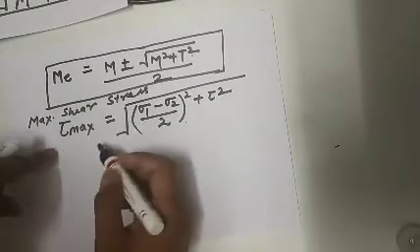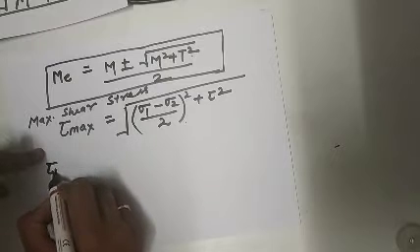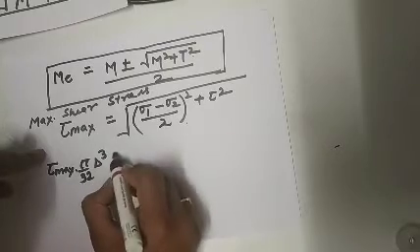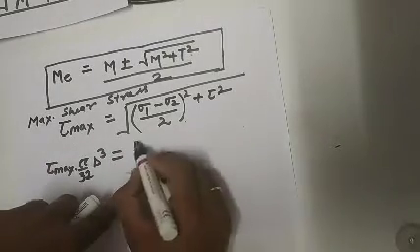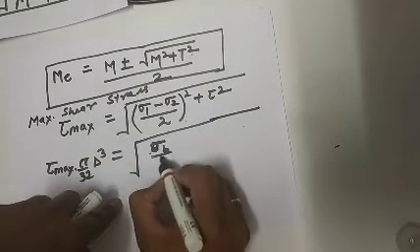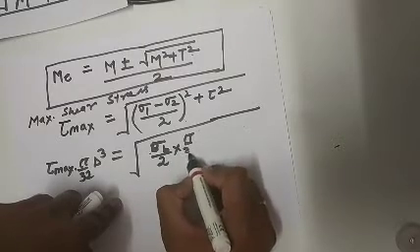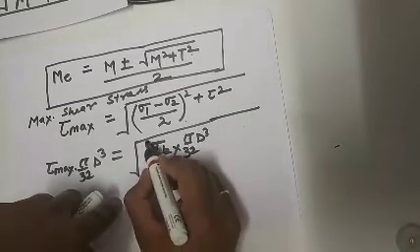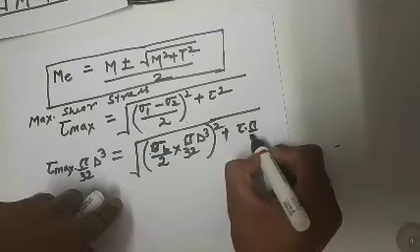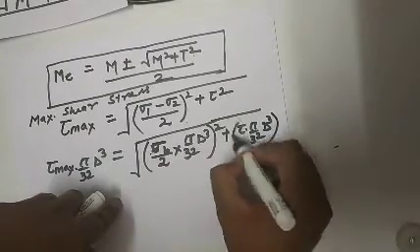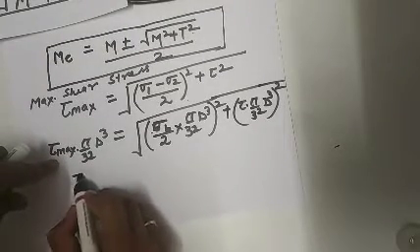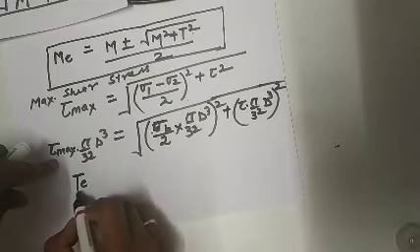And multiplying both sides by pi by 32 d cube, the expression will be tau max into pi by 32 d cube equals under root sigma b by 2 into pi by 32 d cube whole square plus tau into pi by 32 d cube square. Clear? Tau max into pi by 16 d cube is equal to Te by 2.